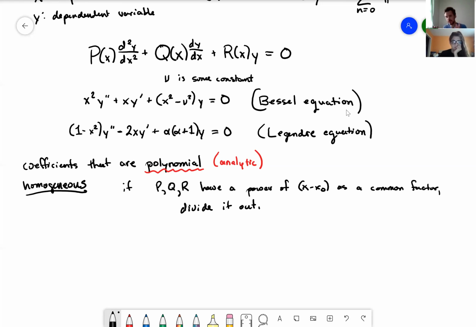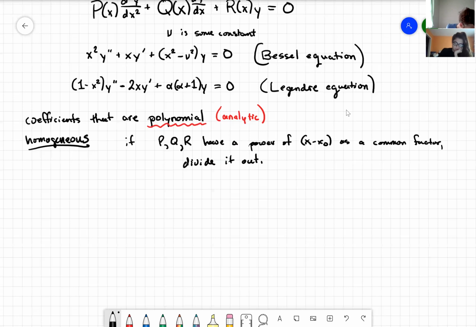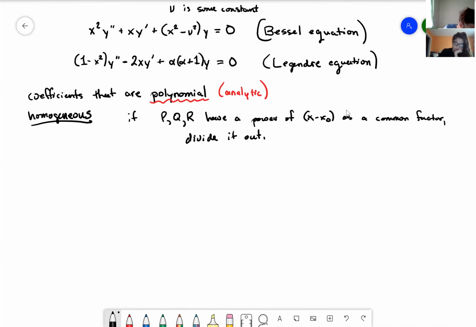So we'll be able to divide it out of every one of the coefficients, and we'll also be able to divide 0 by it, and that won't change the right-hand side. It'll still be a homogeneous equation. Okay. So that's just an initial cleanup step that we do.